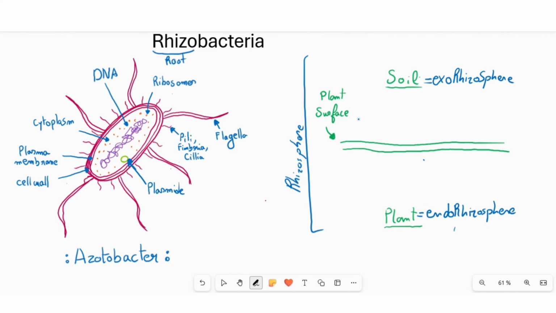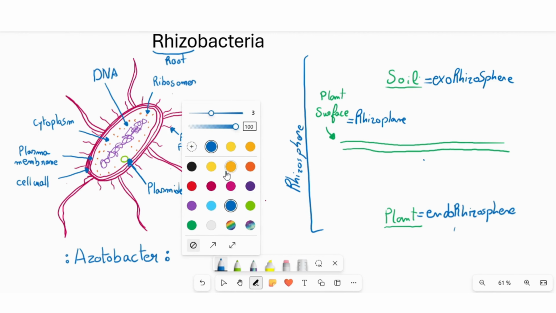Now, the plant surface is the epidermis, and we call that the rhizoplane. Now, the reason why it is important to understand the differences between them is because this will define the type of microorganisms that we will find.